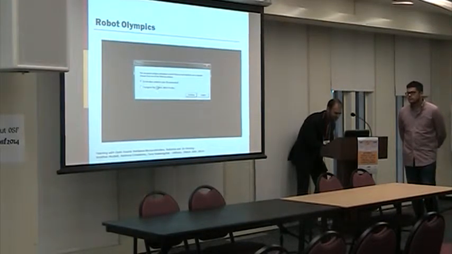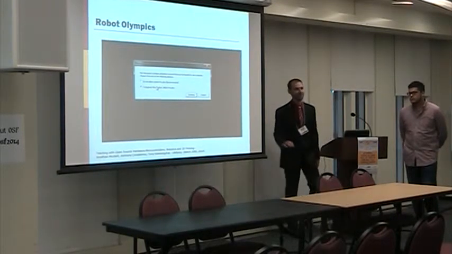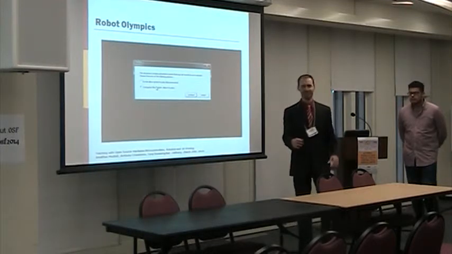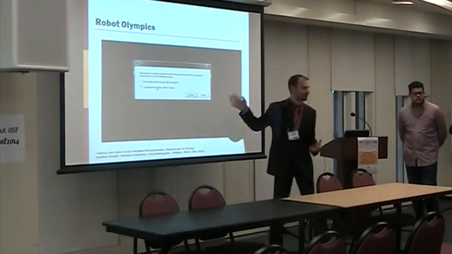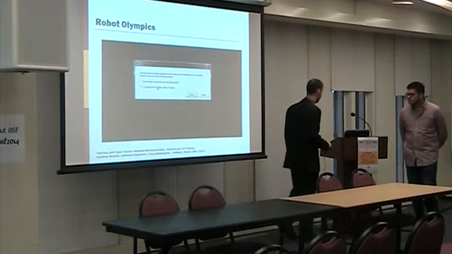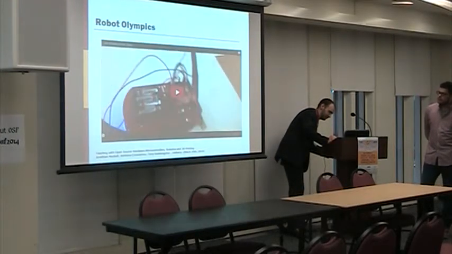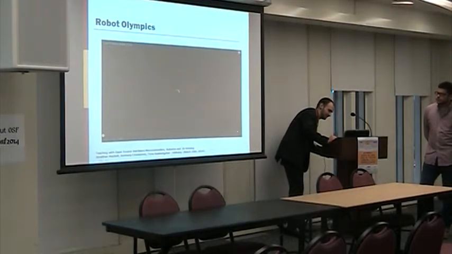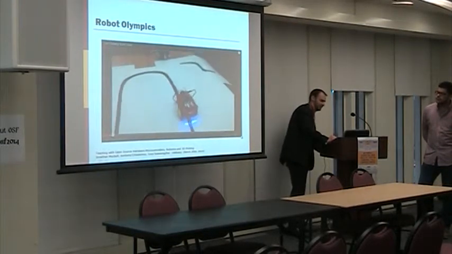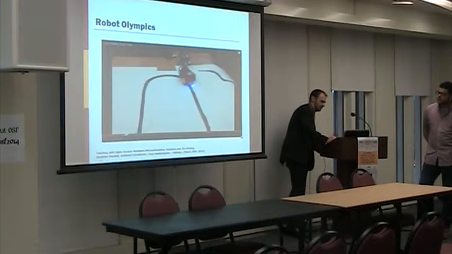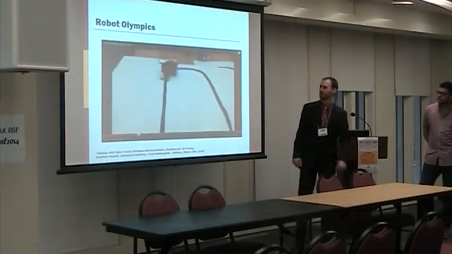And here's another example. This is the Robot Olympics from last year. I mentioned the competition in line following robots. This is one from last semester, which will be happening again this time around, this week. I'm sorry, Wednesday. This is the bot moving around.